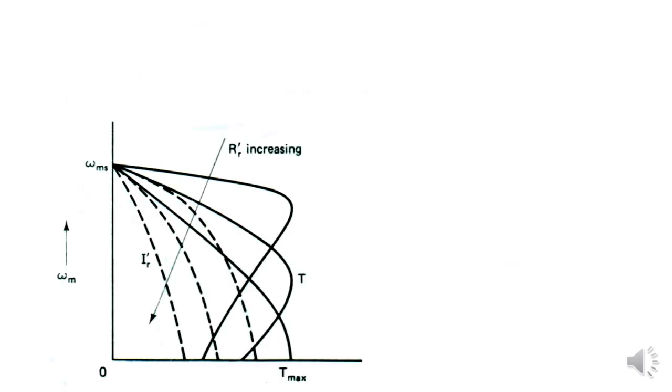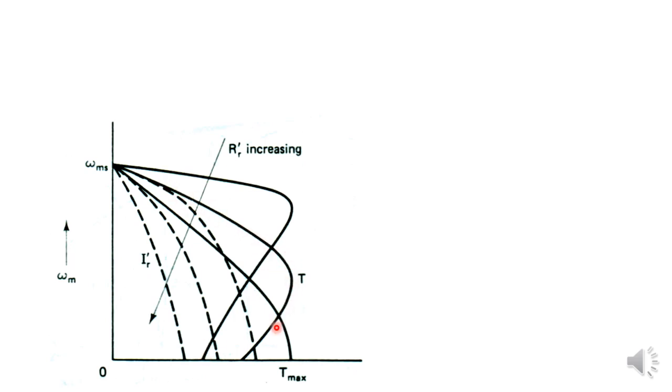Now we will discuss the performance of an induction motor with rotor resistance control. The figure shows the torque speed characteristics of an induction motor for different values of rotor resistance RR dash. The first curve indicates the torque speed characteristics with a low value of rotor resistance.